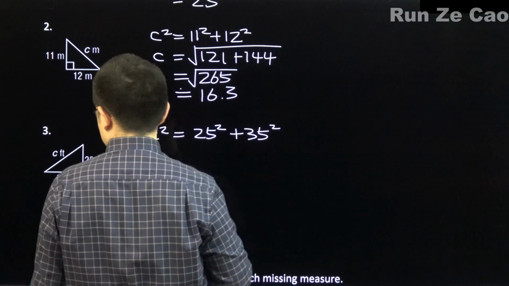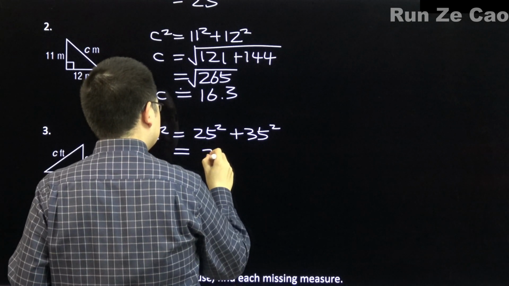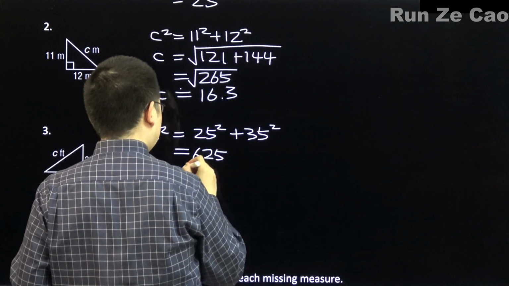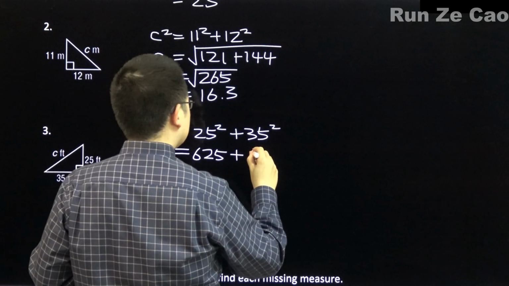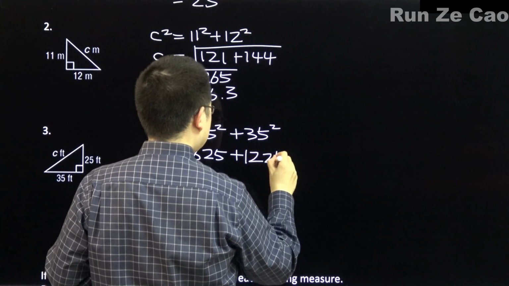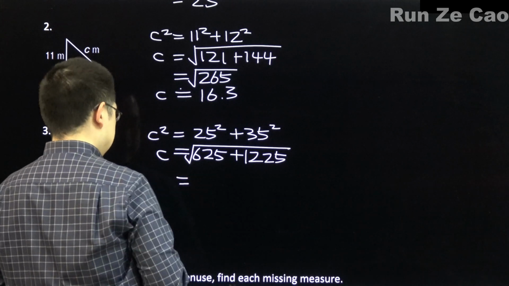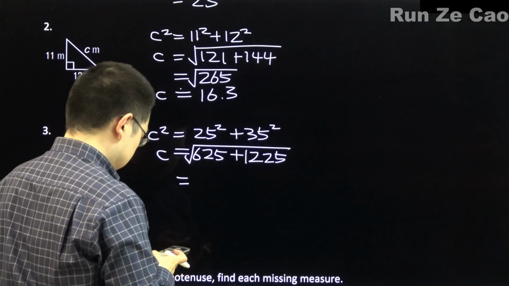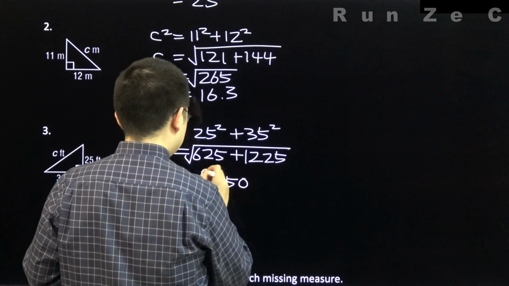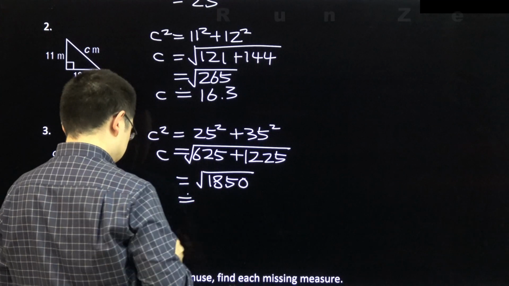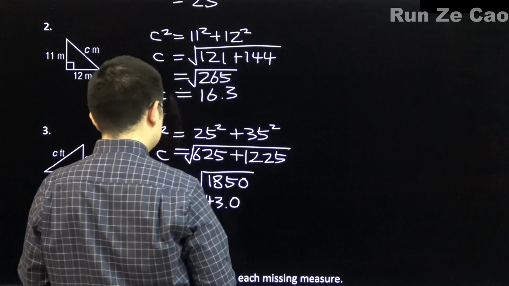So 25 squared plus 35 squared, which, oh wait, no, 25 I can just do right off like that. And 35 squared plus 1225. That's C. And the square root of 1850, which is approximately 43.0.